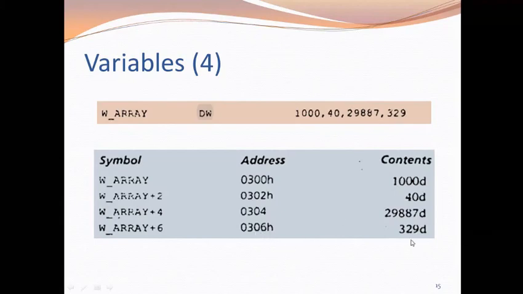Yes, sir. For the address in the previous slide and also this slide, sir, how can we say that the first address is 200H? It's automatically assigned by the assembler. When you are declaring an array in C or C++, do you know in which memory space you are going to allocate? No, sir.